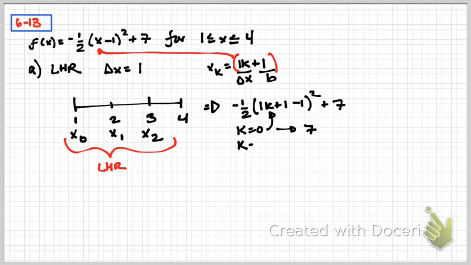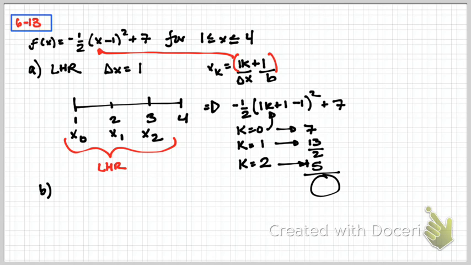When k is equal to 1, my answer is 13/2. And when k is 2, it's 5. So you'd add all these up together and you get your total. Now, it doesn't have you calculate the total. Part B is writing the sum in sigma notation.